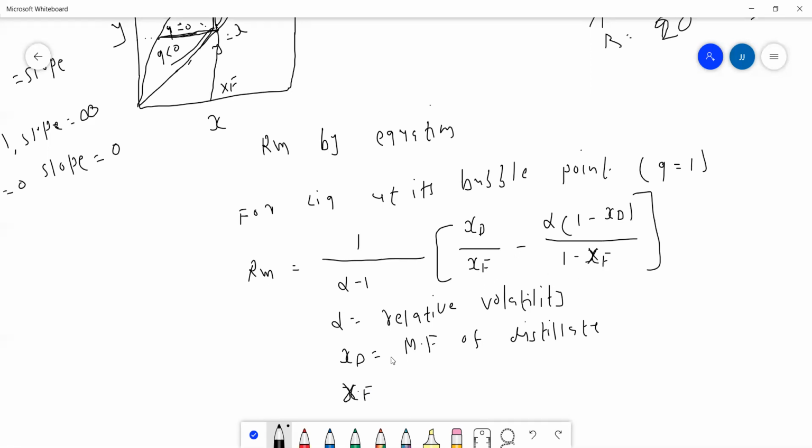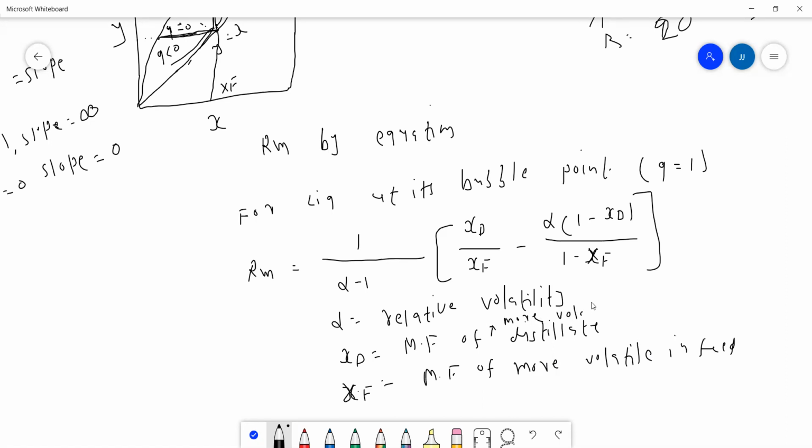This xF is the mole fraction of the more volatile component in feed. Again, it is the mole fraction of the more volatile substance.